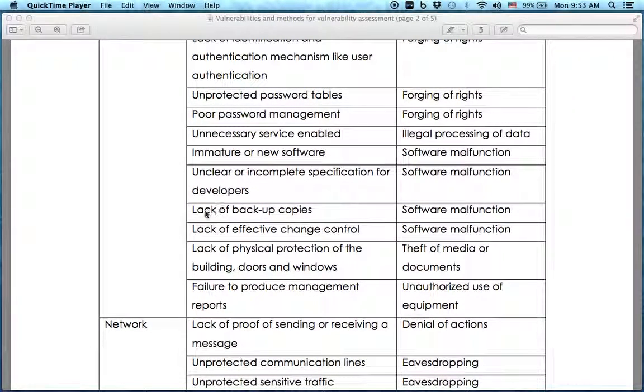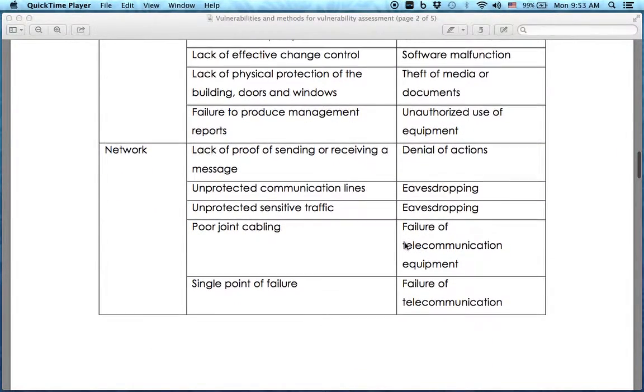Other examples: a lack of backup copy, the threat is a software malfunction. Lack of effective change control, the threat is a software malfunction. For the network, for example, the lack of proof of sending or receiving a message, the threat is denial of action.